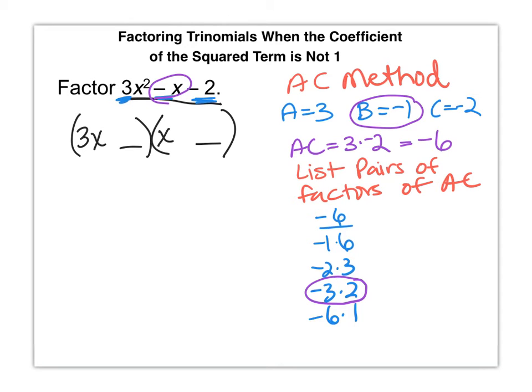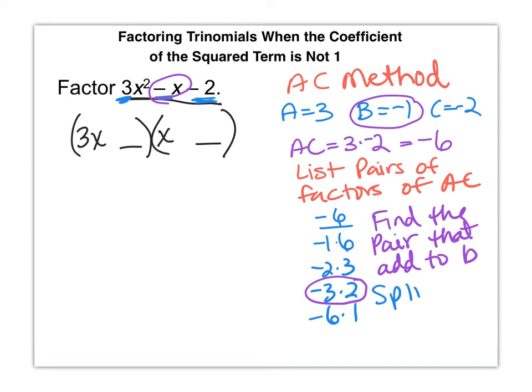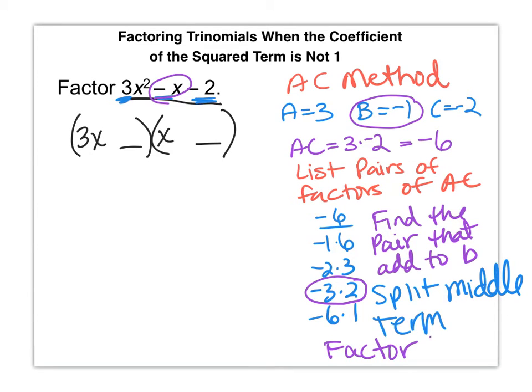Now, when we find that pair that adds to the middle term, the pair of factors that adds up to the middle term of B, we then split the middle term, and then we finally factor by grouping, which we went over in the last section.